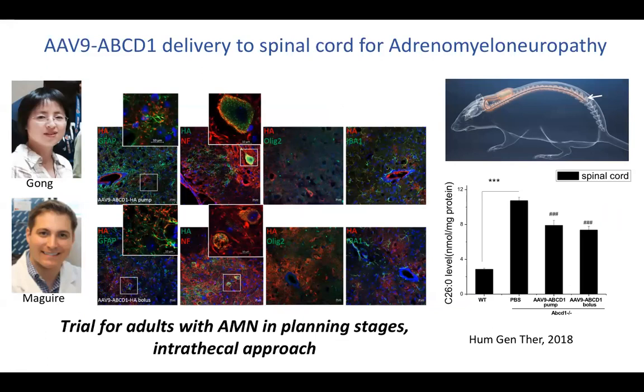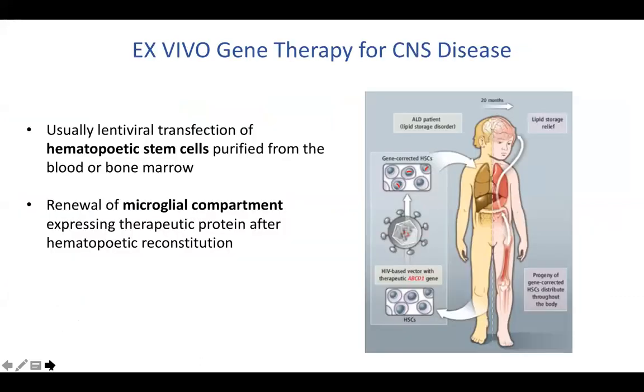And we think this will be helpful for adult patients with adrenoleukodystrophy, patients known to have adrenomyeloneuropathy. And we know that we can target the right cell types in spinal cord and also lower very long chain fatty acids. And given some of the successes seen in other spinal cord diseases, we are quite hopeful.